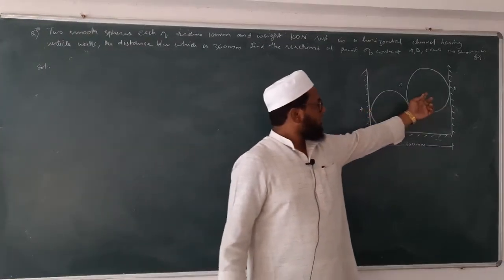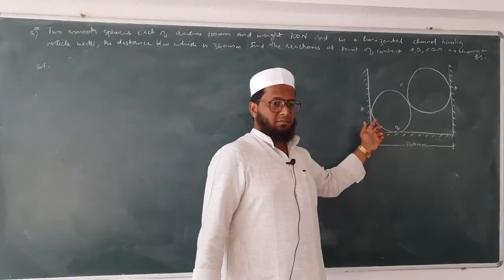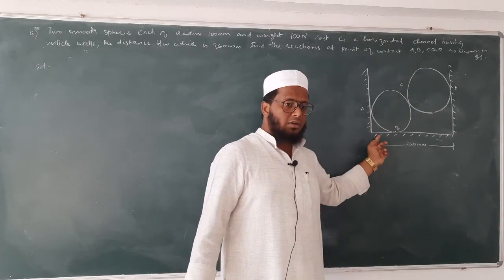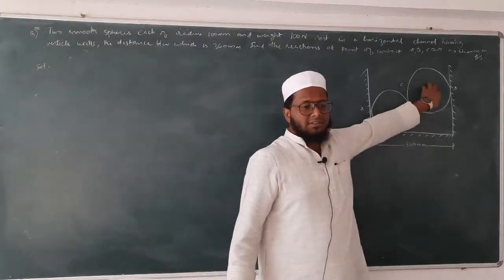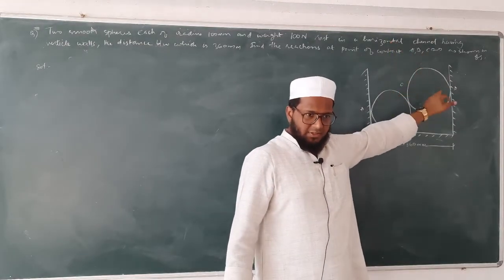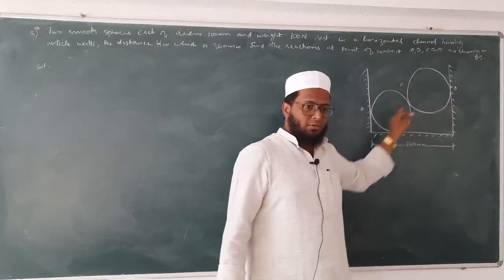See this sphere, this is resting on first one. This one is applying force on this sphere. So this one is completely independent. Able to understand? This sphere is completely independent compared to this sphere.